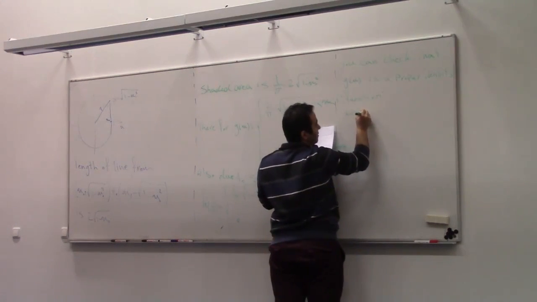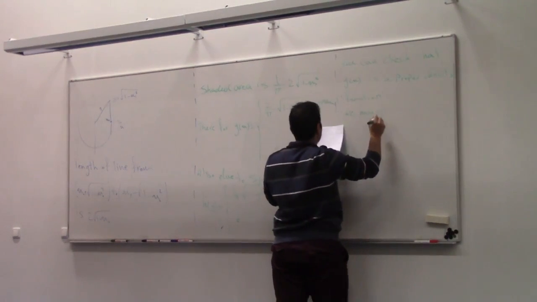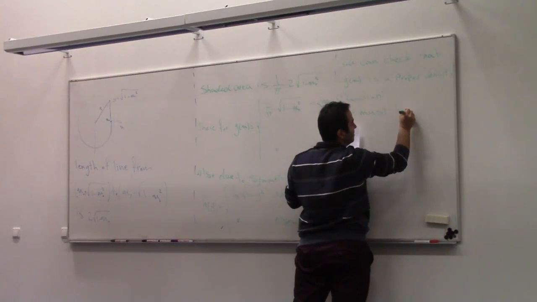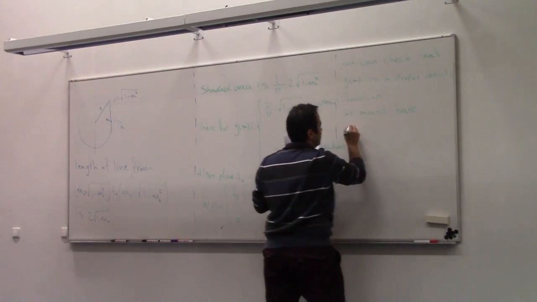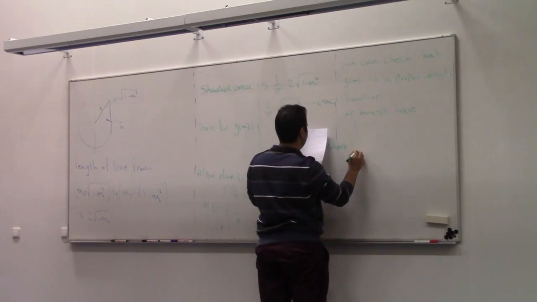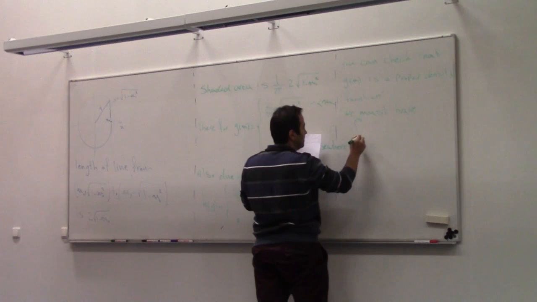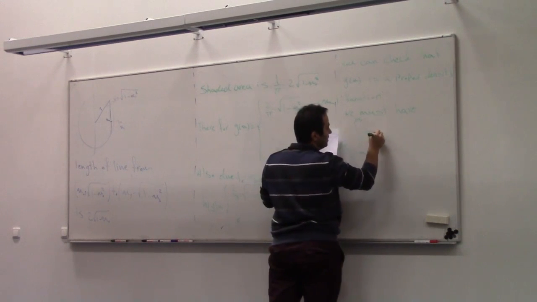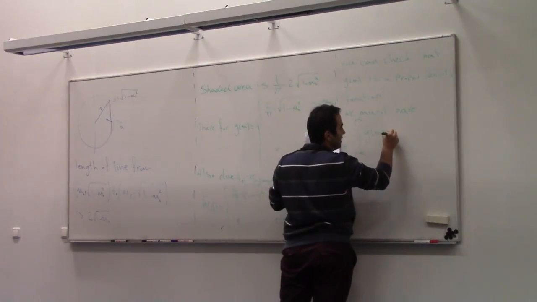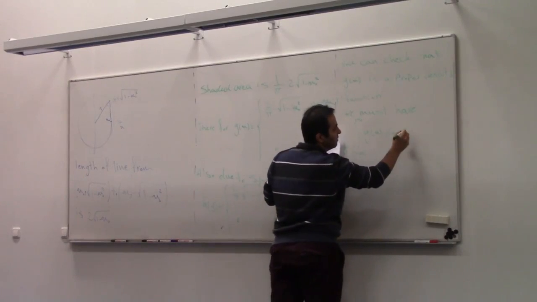We must have, for J, the integral from minus infinity to infinity of J(x) dx equal to 1.